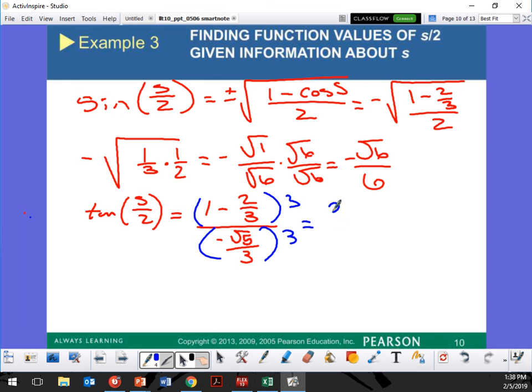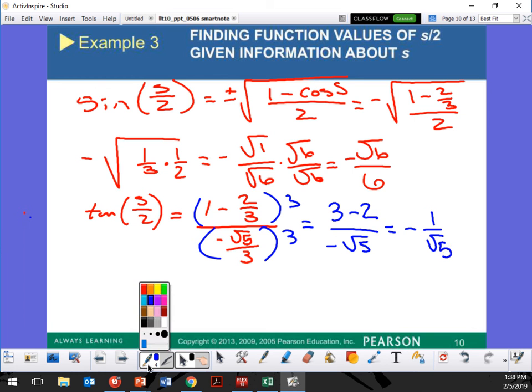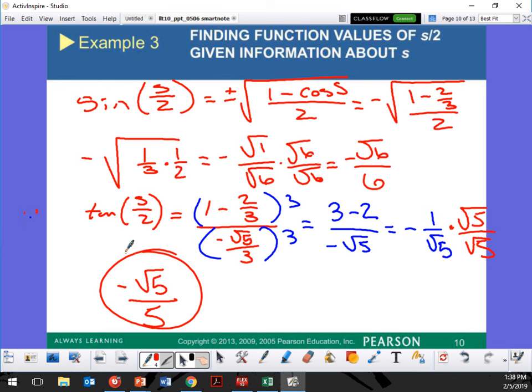As I distribute, I get 3 minus 2 over negative rad 5. That gives me 1, so it's a negative 1 over rad 5. Then I rationalize. You get negative rad 5 over 5 as my answer. Algebra. It happens.